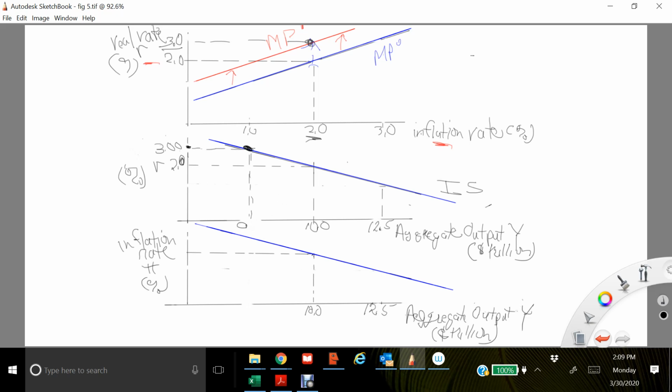Let's say that's 9.5. Okay. The IS curve hasn't changed.